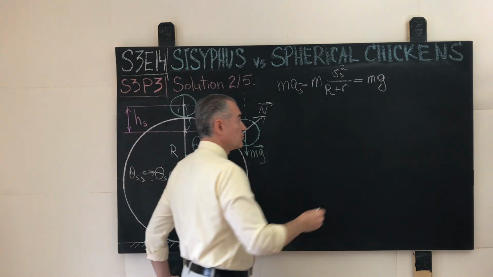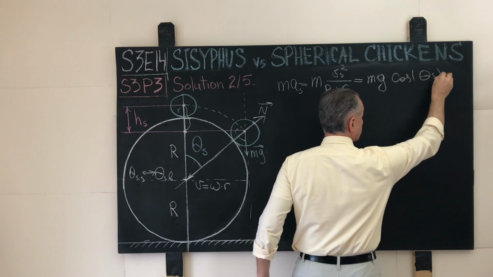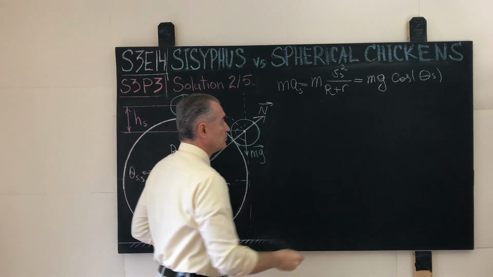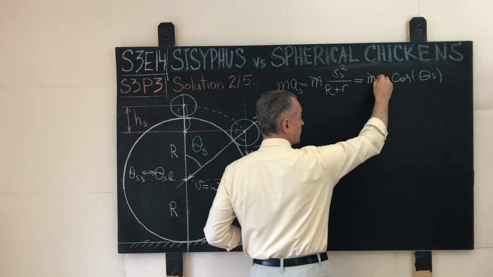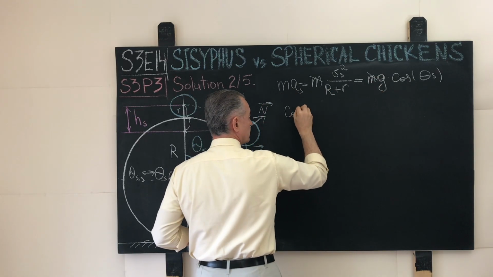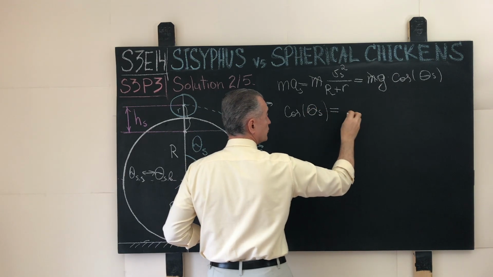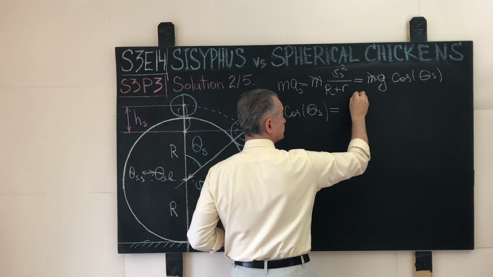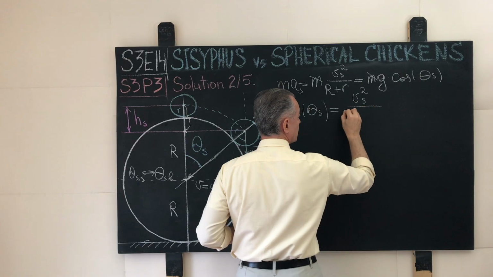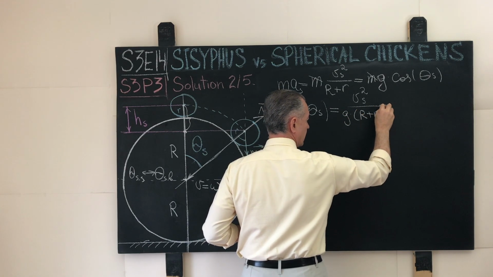So we have the cosine of the angle of separation, theta s, on one hand. So what do we have? m and m cancel each other out. So right away, for the cosine of the angle of separation, theta s, we have v squared s over g times uppercase R plus lowercase r.